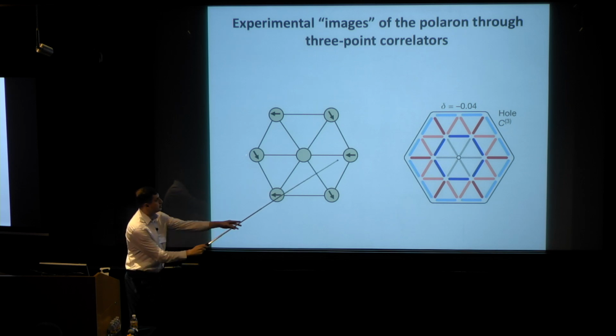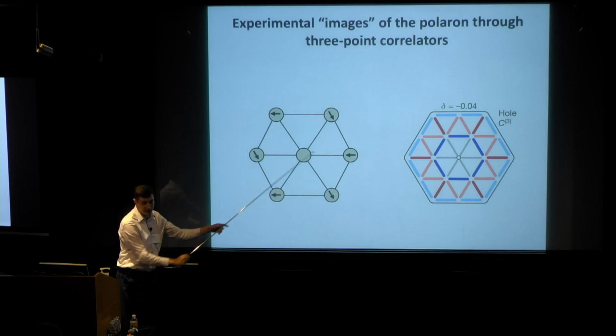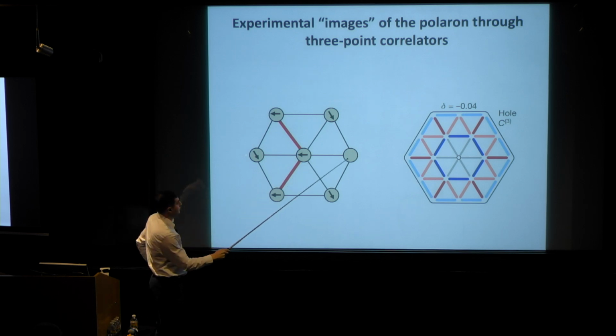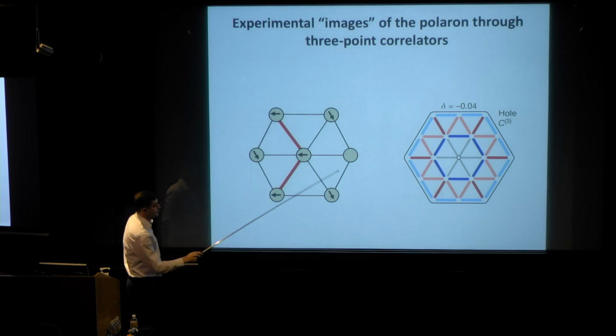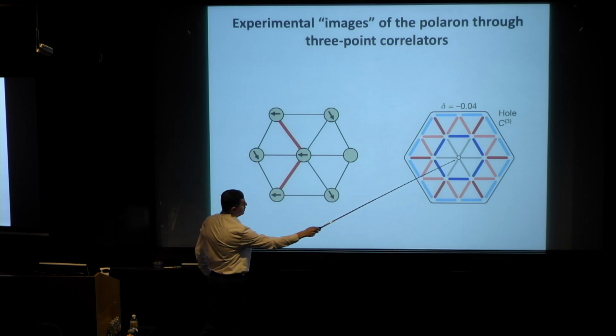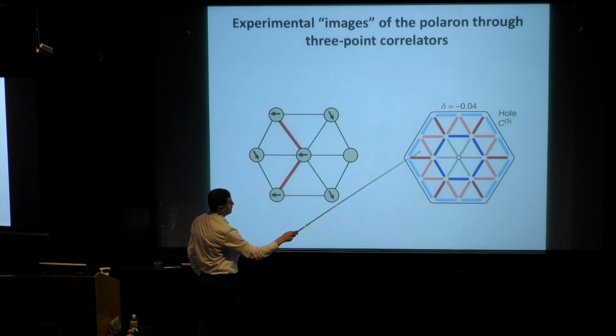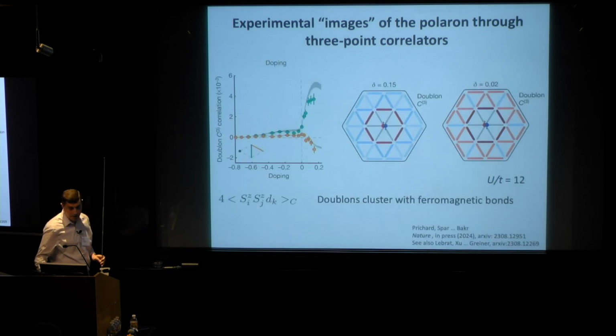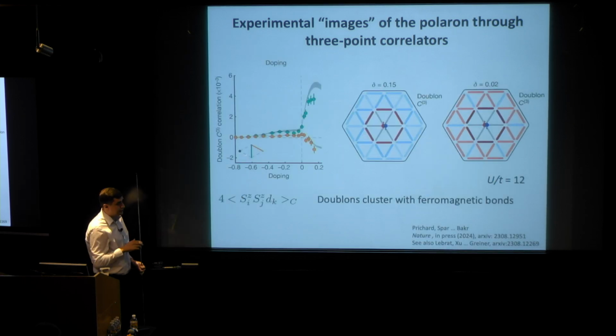We exchange this spin, move it over here, and get a hole over there. Now if you look at this bond over here, you find that you have aligned spins, which is exactly what you're seeing here. You have the hole, and then you have the aligned spins over here.